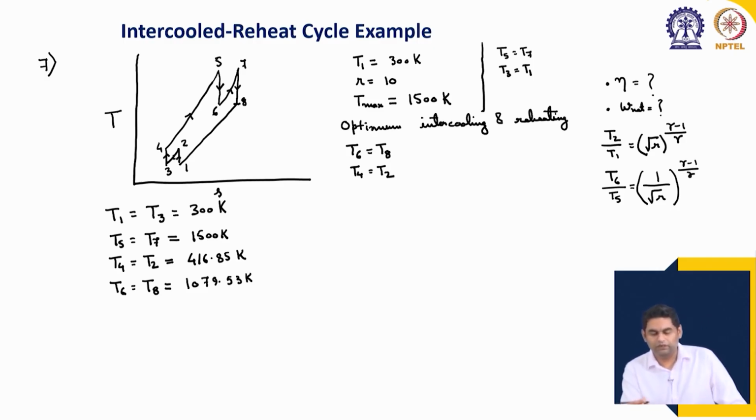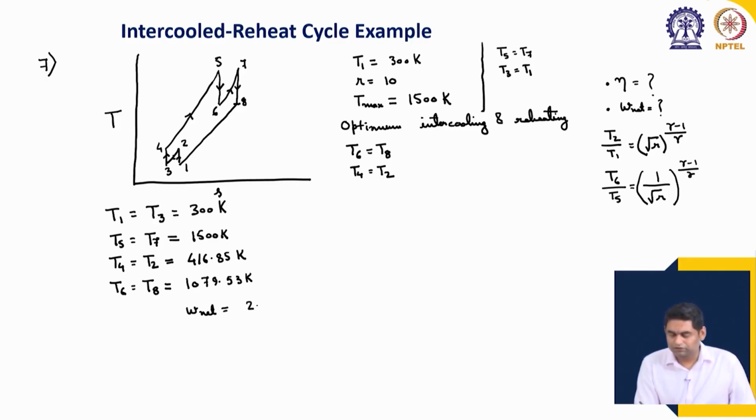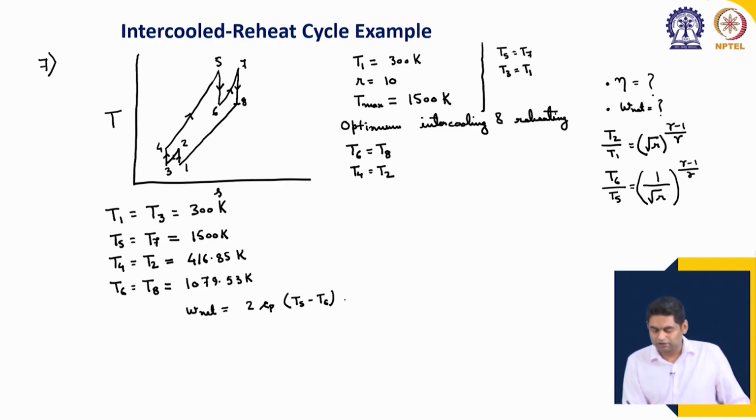So, now the temperature at all the 8 states is known, so we can find any of the required variable values. So, we can directly find the W net value. Okay, W net is 2 into Cp (T5 minus T6). Why 2 into Cp (T5 minus T6)? Because T5 minus T6 is equal to T7 minus T8, minus 2 into Cp (T2 minus T1).